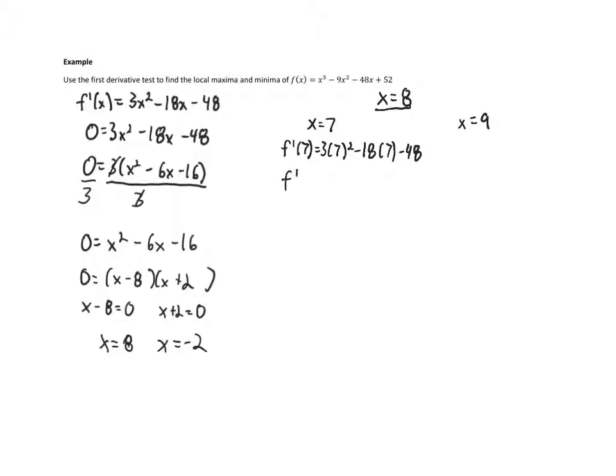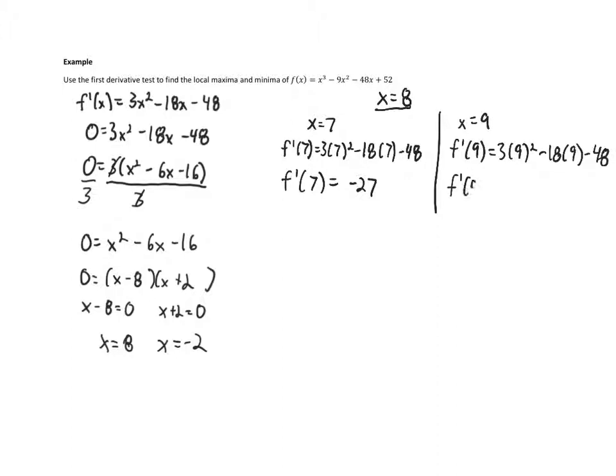And if I calculate that, f prime of 7 will equal negative 27. If we plug in x equals 9, f prime of 9 would equal 3 times 9 squared minus 18 times 9 minus 48.